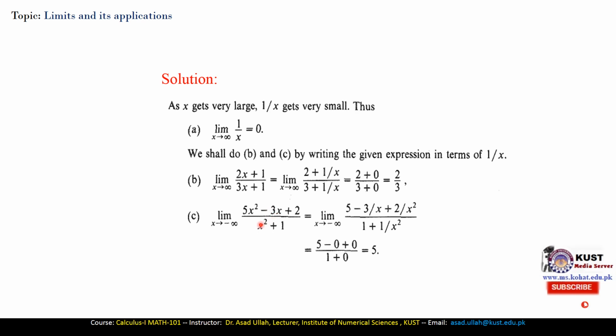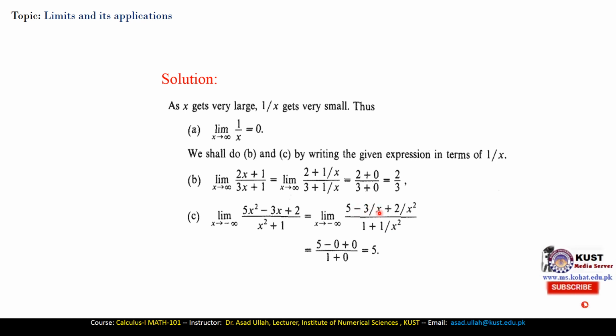Now taking common out x square, the highest degree variable, from the denominator and from the numerator, these x square and x square will be cancelled with each other. So we will get the limit as x tends to minus infinity of (5 minus 3 by x plus 2 divided by x square) divided by (1 plus 1 over x square). Now when x tends to minus infinity, minus 3 by x is equal to 0.